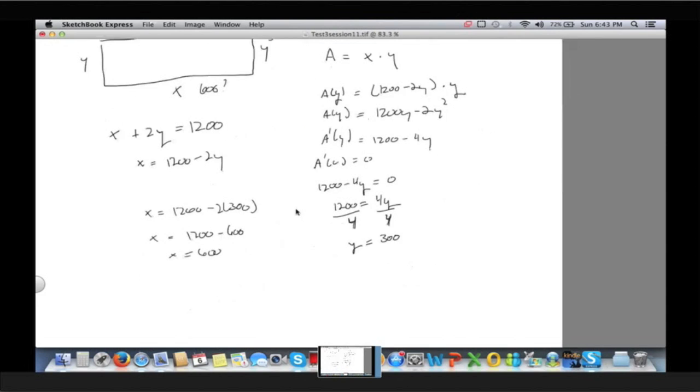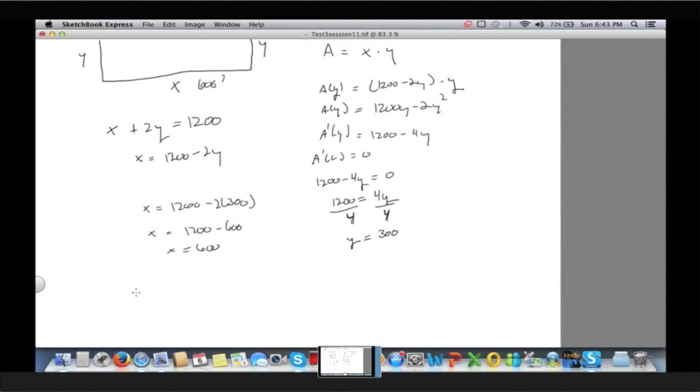Okay, so now we can prove this by, just a second. It's negative, so it's concave down.